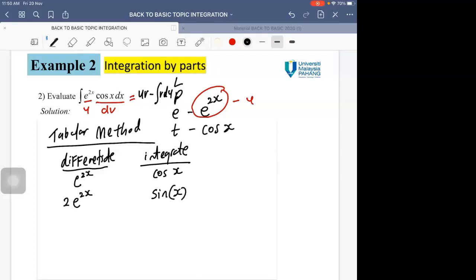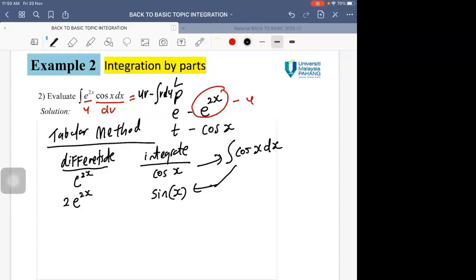What happened here is, in case some of you cannot see, we integrate cos x dx, so you get this one. Okay, differentiate again. Differentiate 2 exponent 2x.